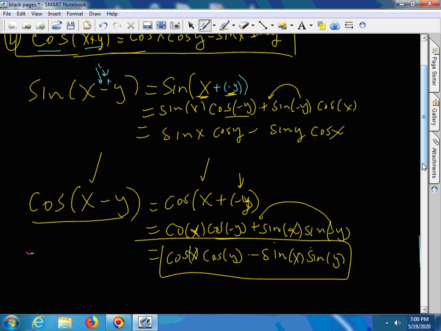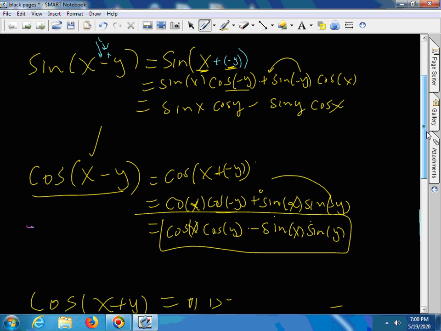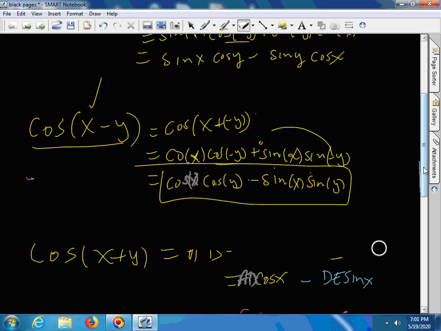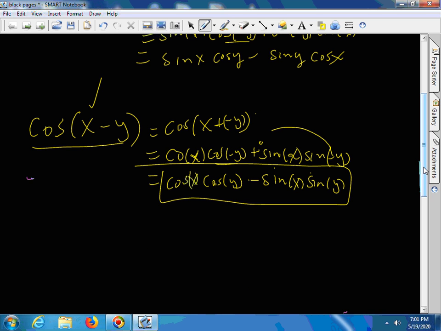All it is is rewriting x minus y as x plus negative y. You can always change subtraction to addition or addition to subtraction. For example, if we derive this rule using some other method, now I can say the cosine of x plus y is equal to the cosine of x minus negative y.